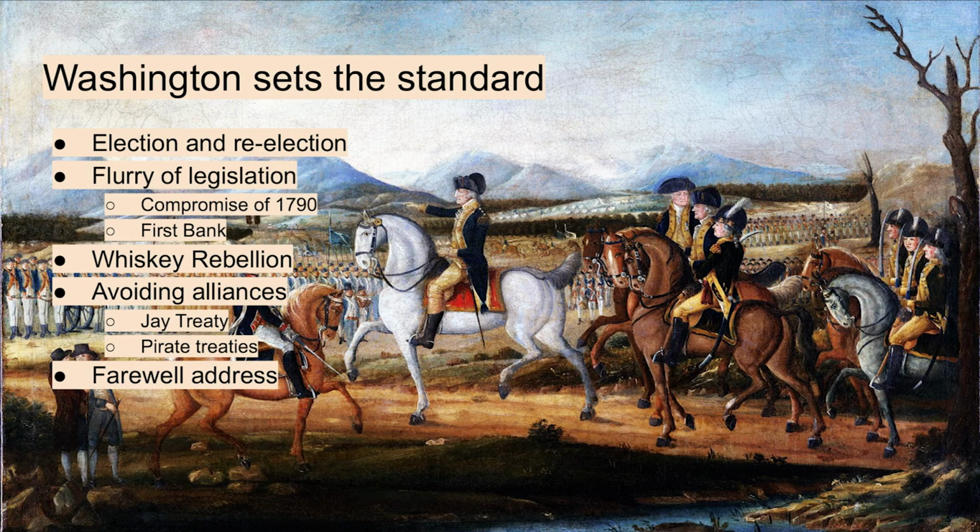I think the party system is probably necessary in the way that we vote, which is called a first past the post system, as in anybody who makes it past a certain number of votes is elected. There's no kind of referendum, so third parties basically are useless. But he sees that coming, and the first party system is a result of exactly what he sees happening within his own administration, right?